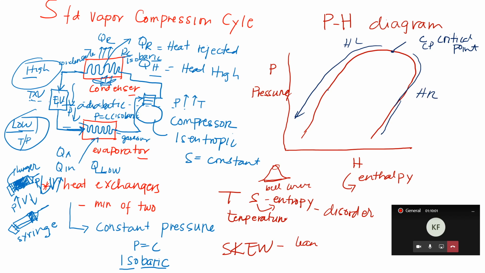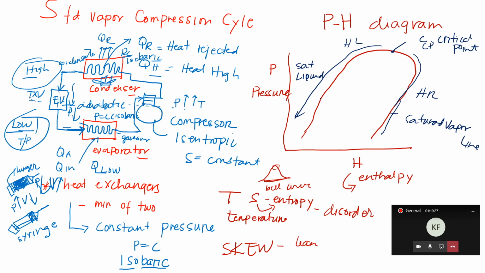This line here is called the saturated liquid line. This one is the saturated vapor line or vapor curve, because that line is a curvature. So these are both lines, but one is liquid and the other is gas.